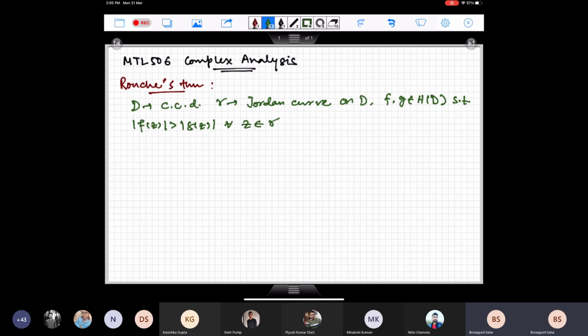So on gamma, this inequality we have, then we got that the number of zeros of f plus g is the number of zeros of f inside gamma, or in the area enclosed by gamma.